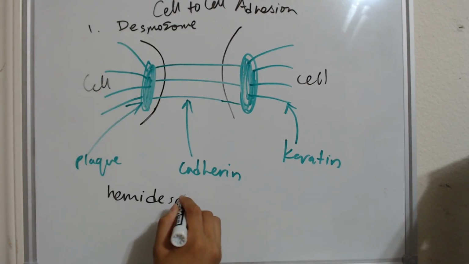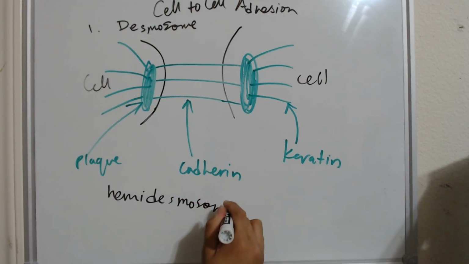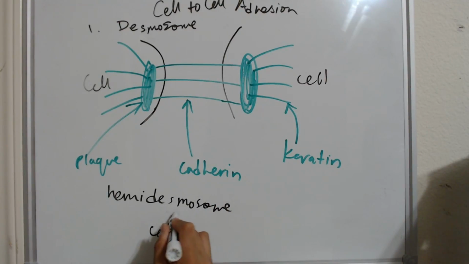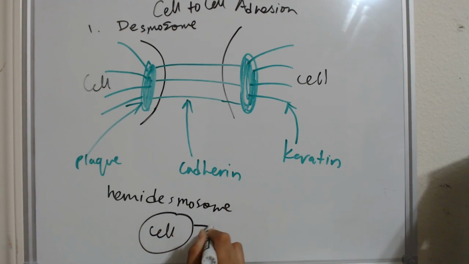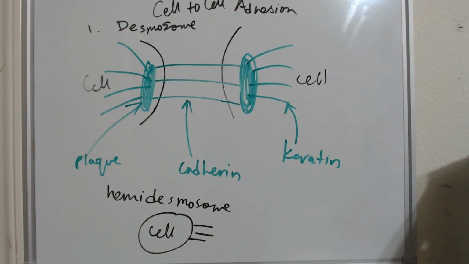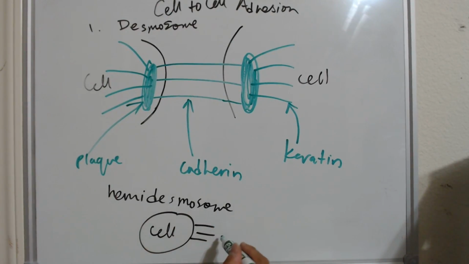There's also a desmosome, where a cell is attached, the cadherin is attached to the extracellular matrix, and it will be attached to specifically fibronectin.